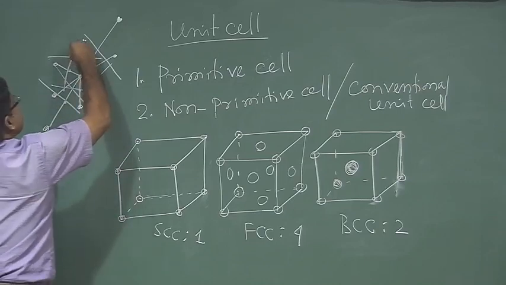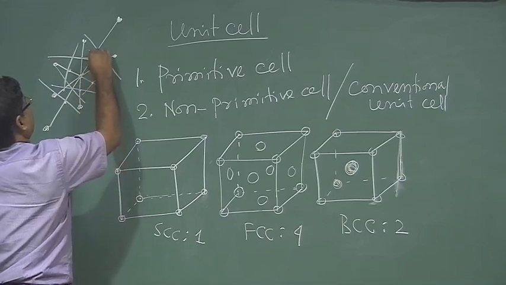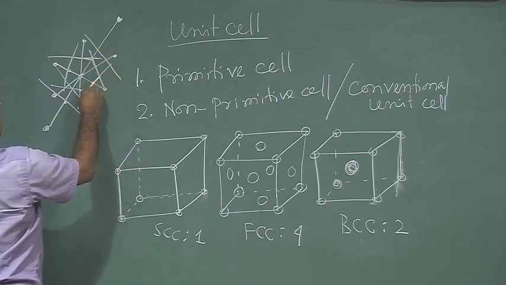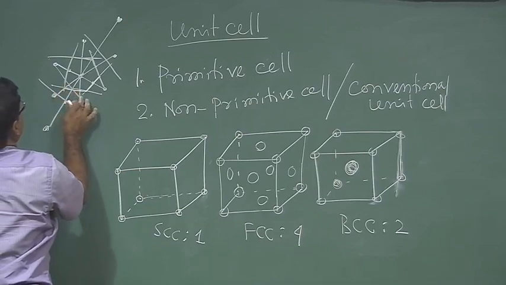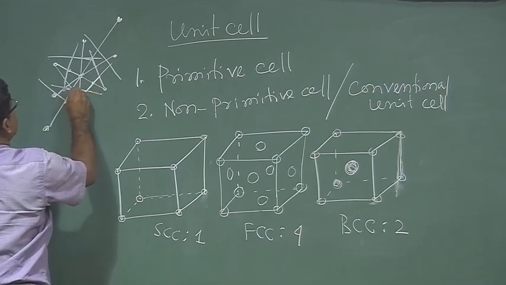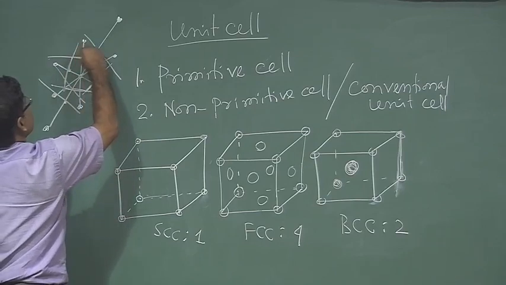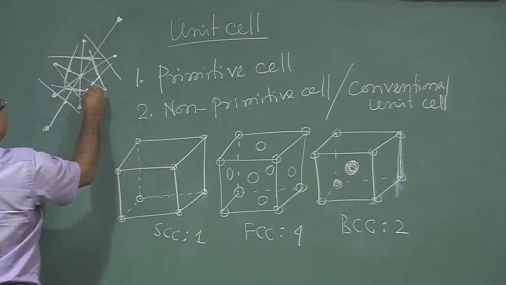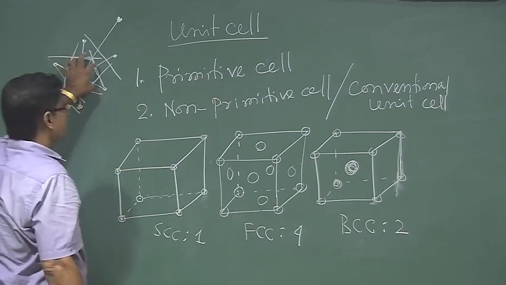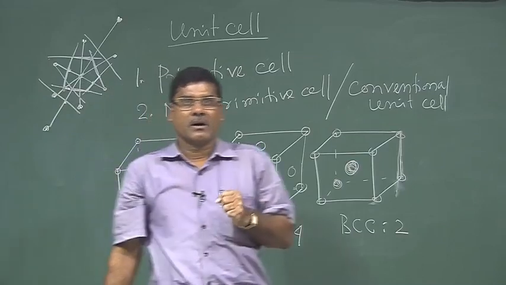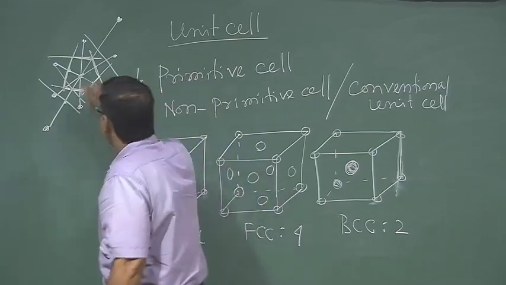These bisectors cover a volume in 3 dimensions, which will be the smallest volume and will have only one lattice point per unit cell.